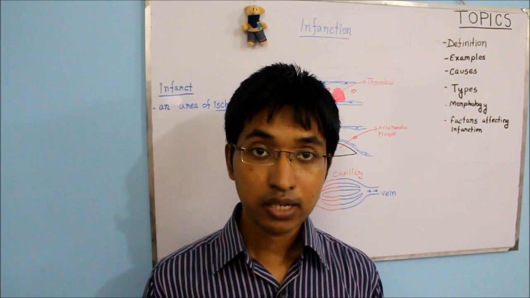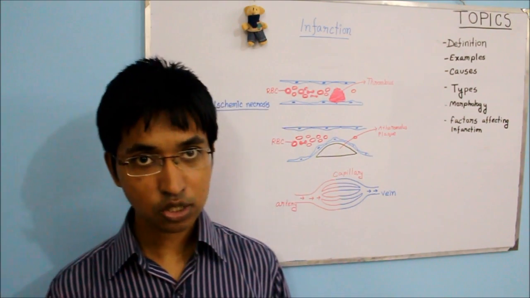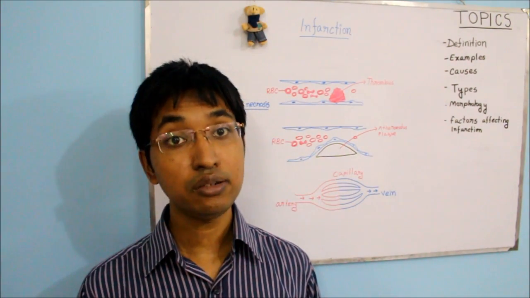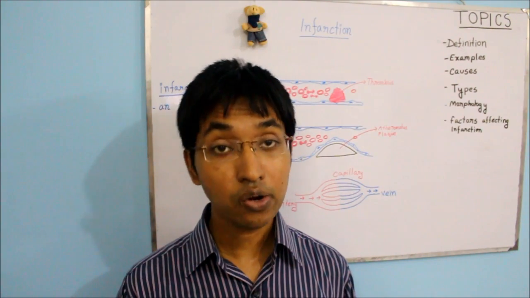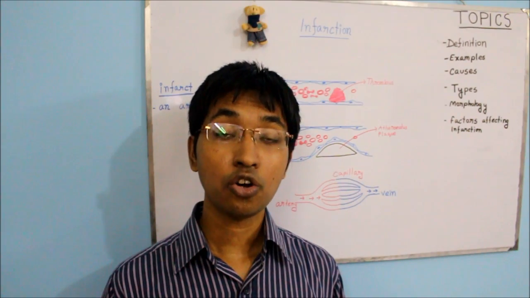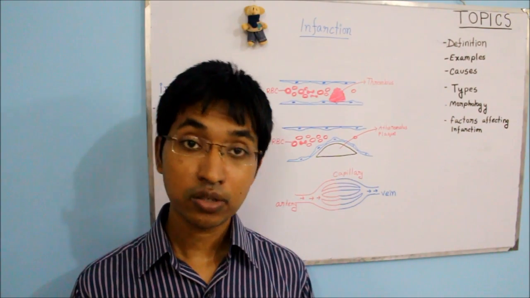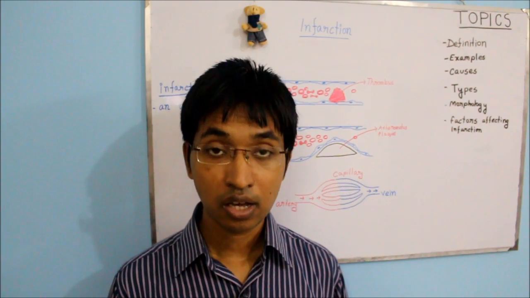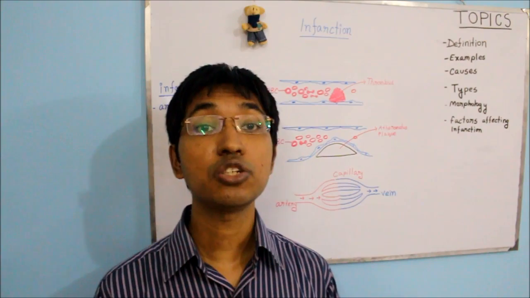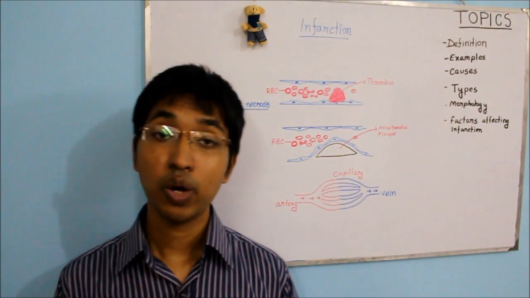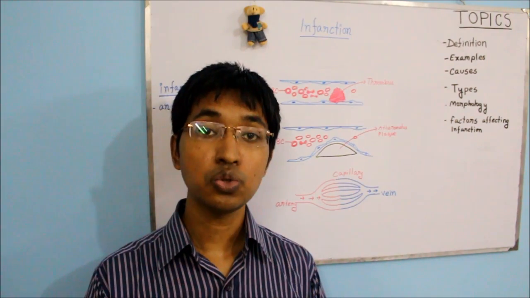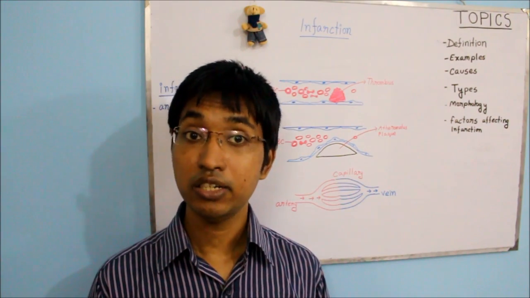So now we know that infarction is the process of formation of an infarct. And what is an infarct? Infarct is an area of ischemic necrosis caused by occlusion of either arterial supply or venous drainage. And we also know what is ischemia. Ischemia means diminished blood supply to the tissue, and whenever there is diminished blood supply, those tissues get injured.